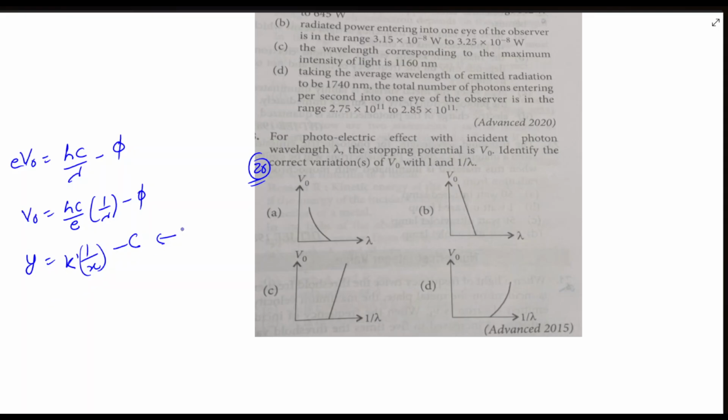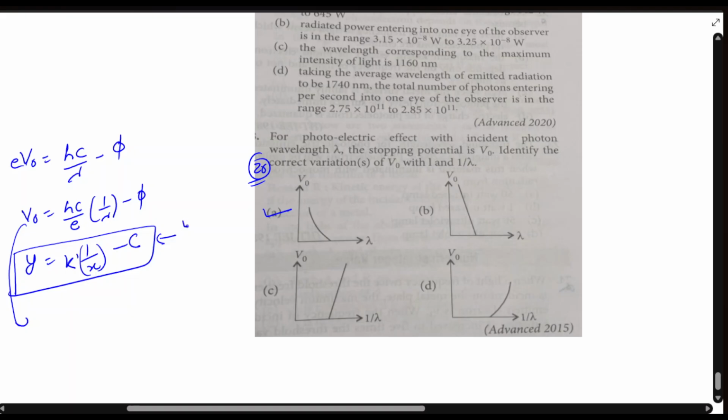So these are the types of graph. As you can see, it will continuously decrease and it's like a hyperbolic graph, right? So which option is correct? V naught versus lambda: we have put x as lambda, so A is correct. Now for V naught versus 1 by lambda, in the second graph we have to put V naught as y.